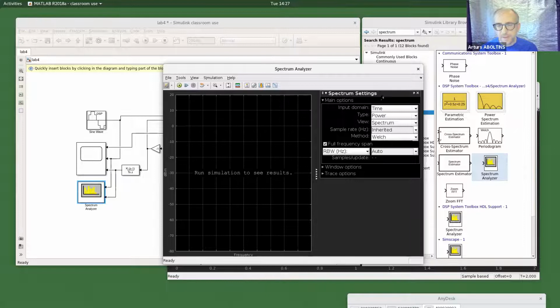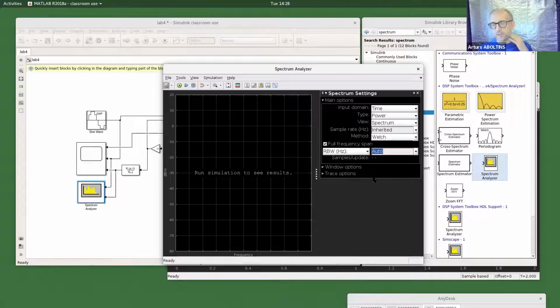So for this we will need, okay, let's use power spectrum, inherited, Welch, and here full frequency span. RBW. This is the resolution bandwidth, and this is opposite to the time of measurements. For example, a smaller RBW requires a longer time span for the analysis.